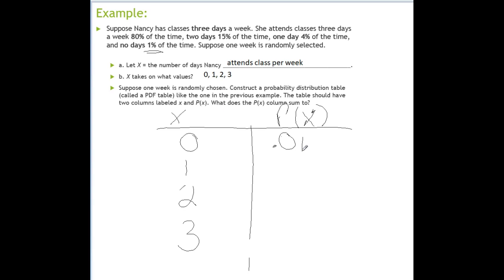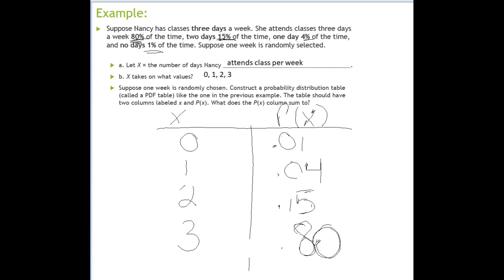The probability that Nancy is going to attend class 1 day a week is 4%, so 0.04. The probability Nancy is going to attend class 2 days a week is 15%. And lastly, the probability that she will attend class 3 days a week is 80%, or 0.8.